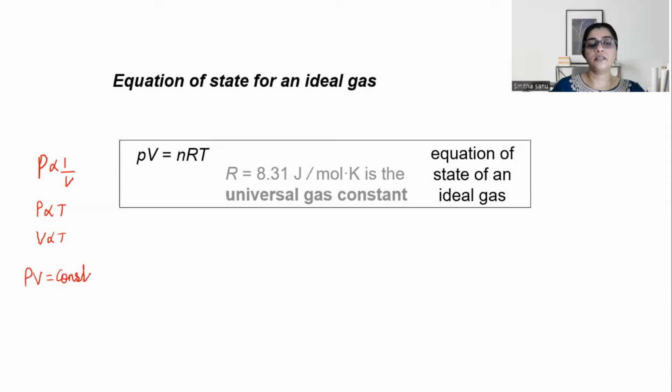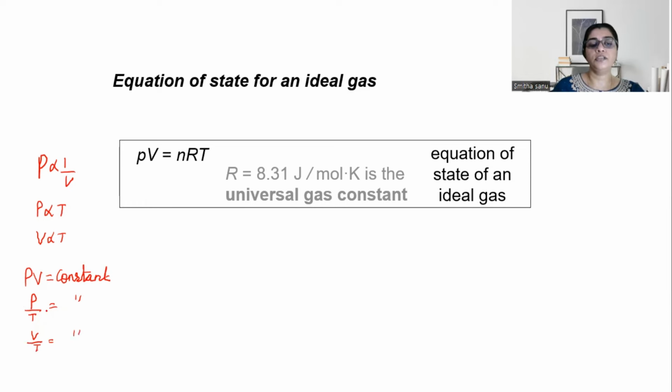This is called Boyle's law. Same way, if pressure is directly proportional to temperature, then P over T is another constant, and V over T is another constant.